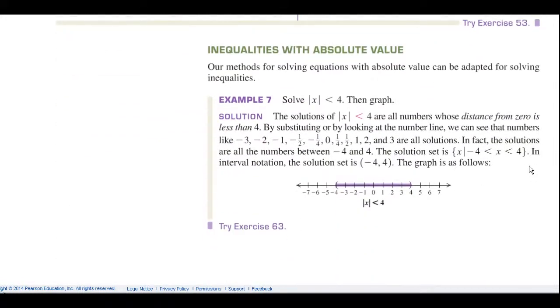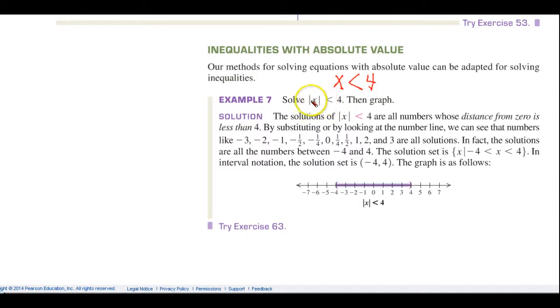Okay, now we're taking a look at what are called inequalities as absolute values. And this is sort of interesting. So, what goes on here? Well, basically, again, we write it just like this, that x is less than 4.